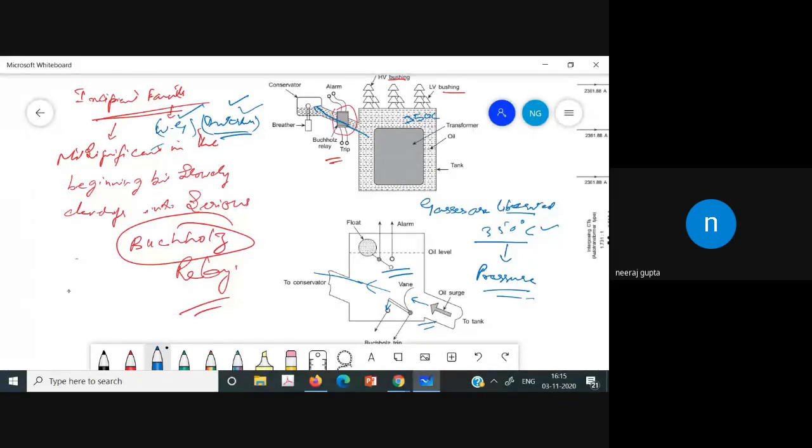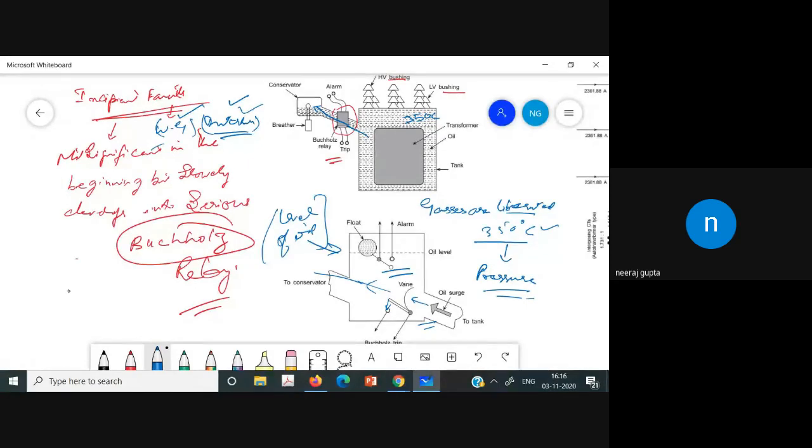However, it has another set of contacts operated by the float. This is the float which is used to see the level of the oil in the transformer. These contacts stay open when the transformer tank is filled with oil, because the float is above.